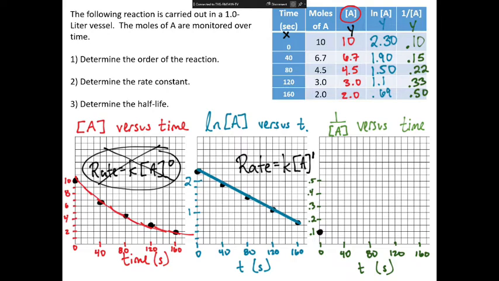Plot these points. 0, 0.1, 40, 0.15, 80 was 0.22, 120 was 0.33. First it was looking pretty linear, but now it's starting to take off a little bit.